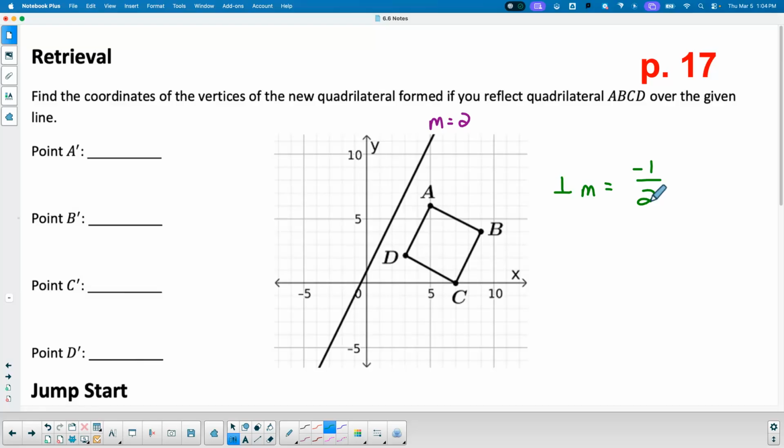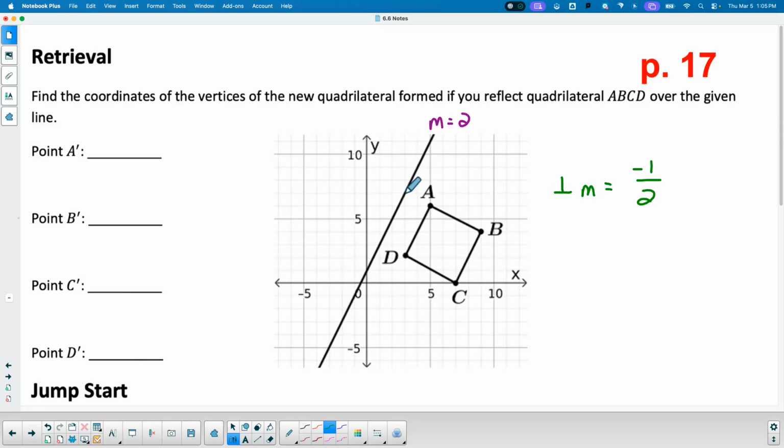So let's start with A. A negative 1/2 slope would normally be down 1 and right 2. But what's the other possible direction for it? Up 1 and left 2. That helps us out because if I take point A and go up 1 and left 2, I'm at my line of reflection.